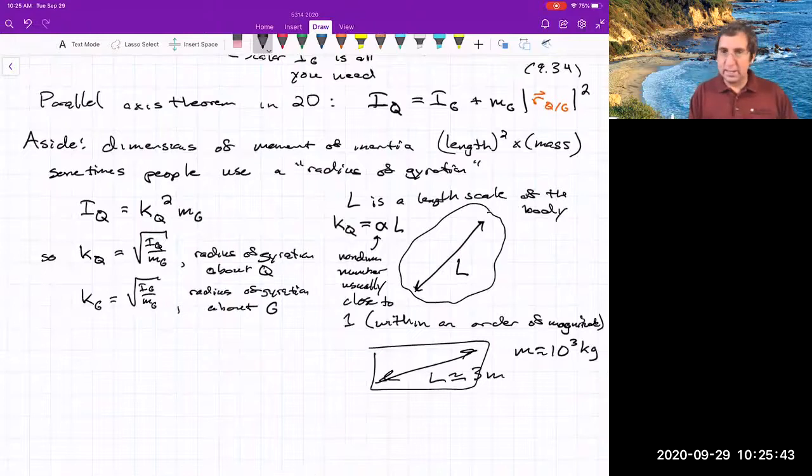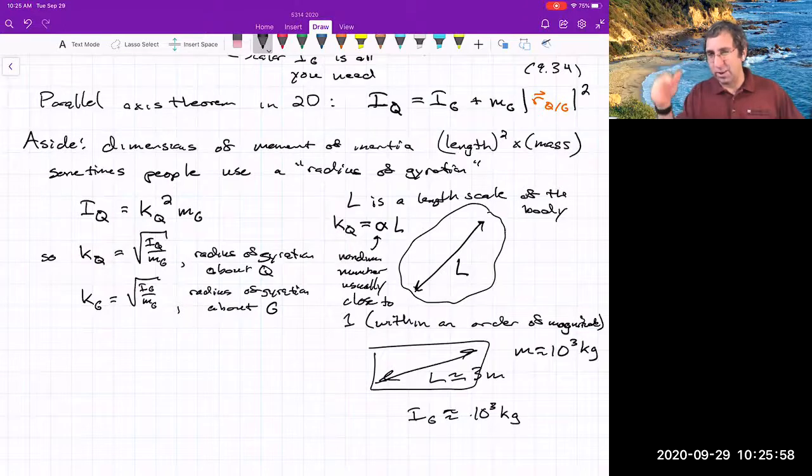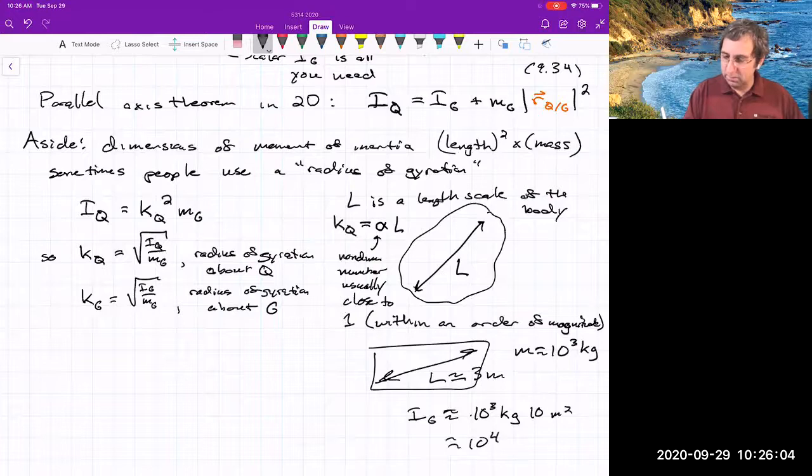Then I could pretty easily estimate the moment of inertia for a car about its center of mass. It's going to be on the order of 10 to the 3 kilograms times 3 squared, about 10 meters squared. So, 10 to the 4 kilogram meters squared for a car.